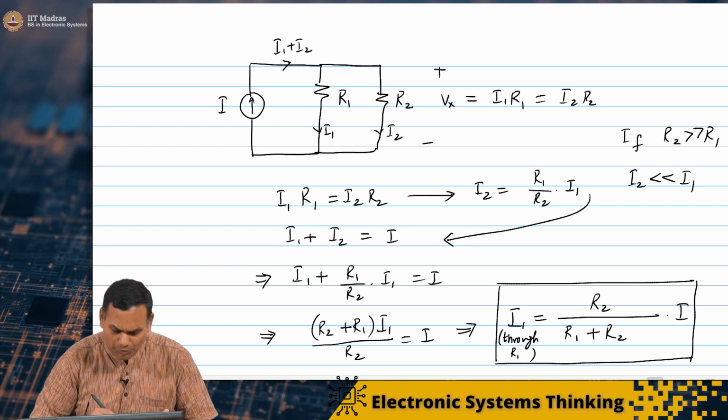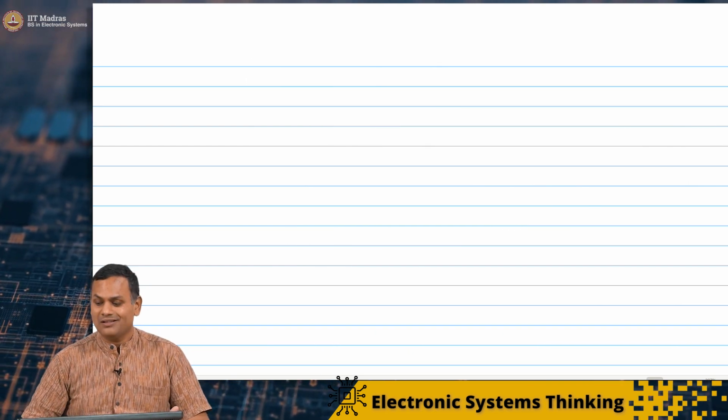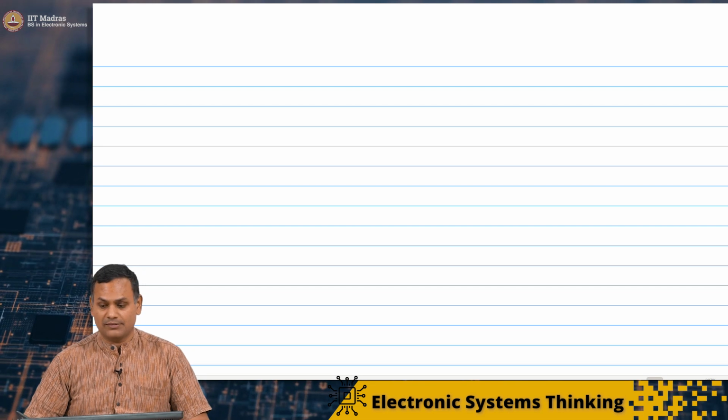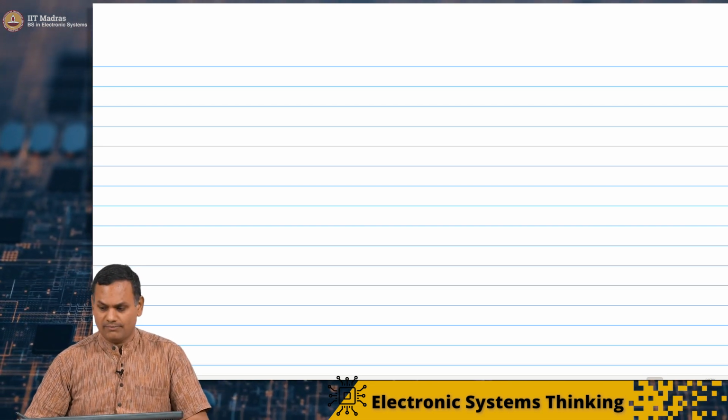There are also some properties that will help you actually simplify networks, and I just want to tell you two of them.